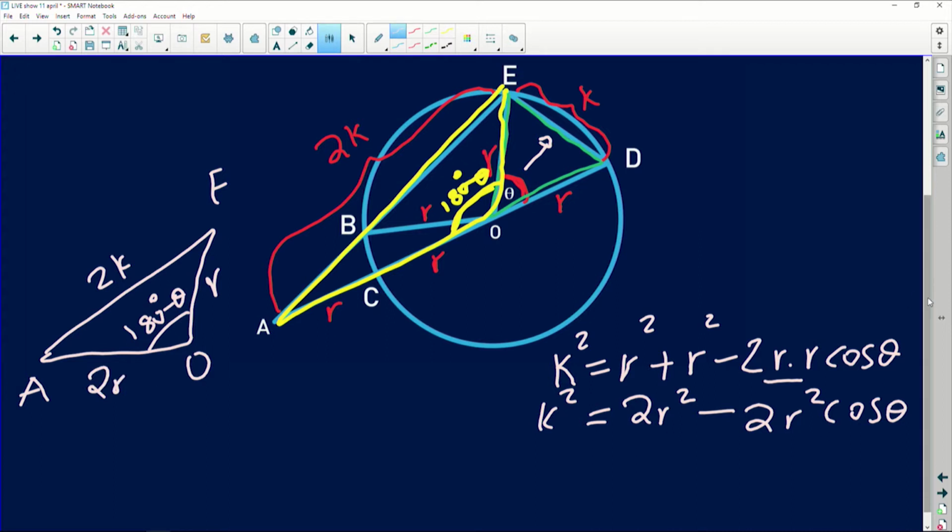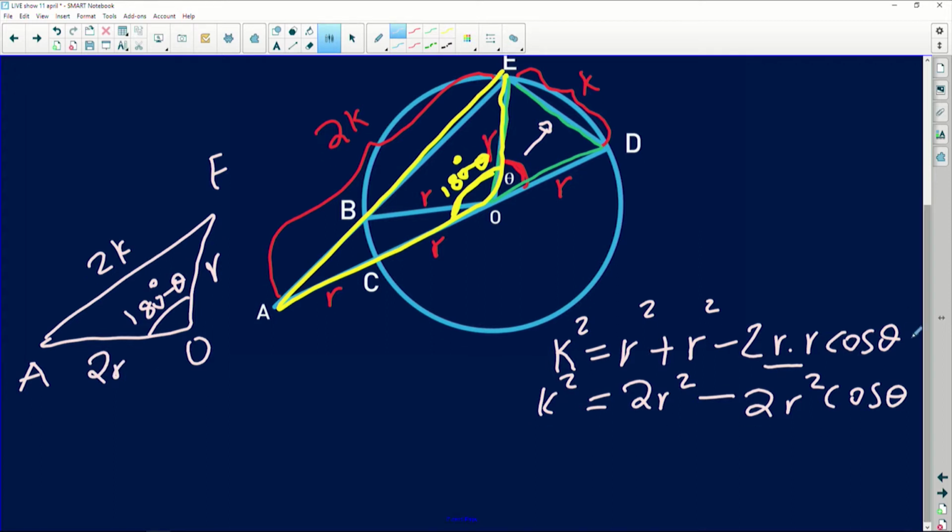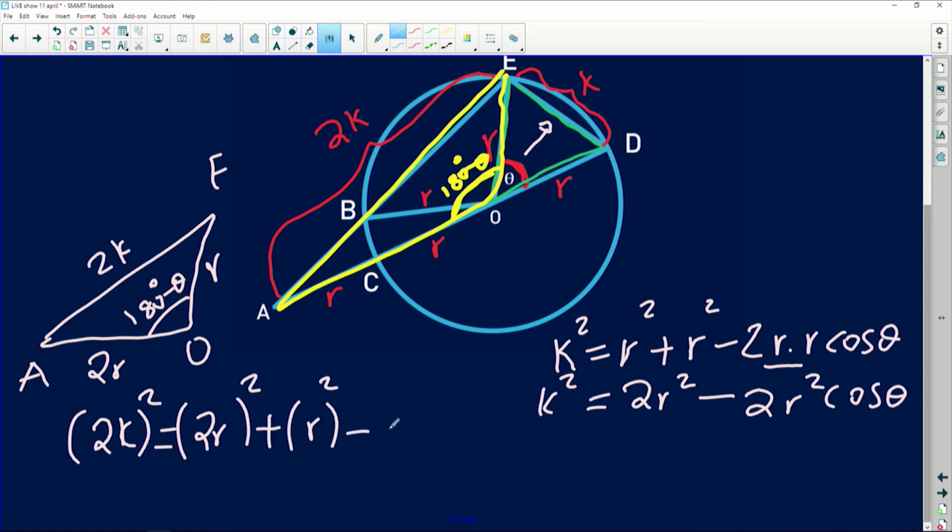Okay, cool. So if I continue to simplify this, you will notice that we can try to find the side that is opposite to the given angle, and this side is the side AE. So 2k squared, applying the cosine rule once more, is 2r squared plus r squared, minus 2 times those sides, minus 2r multiplied by r cosine of theta.